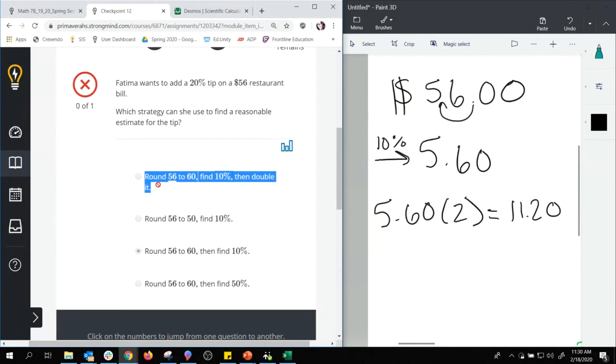So you want to round 56 to 60, find 10%, then double it. Technically, you don't have to round it to 60, but I guess here they think it might be easier.